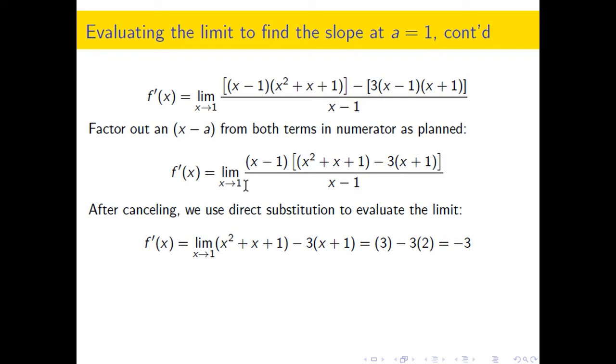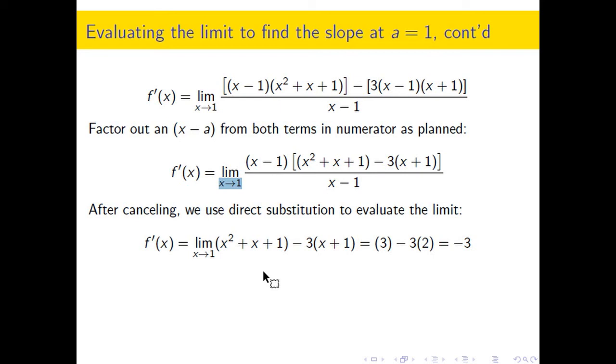And this is great since we're no longer dividing by 0 when we directly substitute, right? So if we look at this direct substitution, we would be substituting in and getting a division by 0 problem. But when we cancel the factors x minus 1, top and bottom, we're just left with the part in brackets, and then we can just plug in 1s, right?